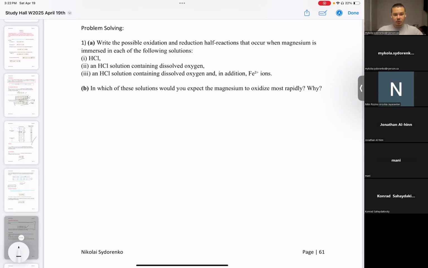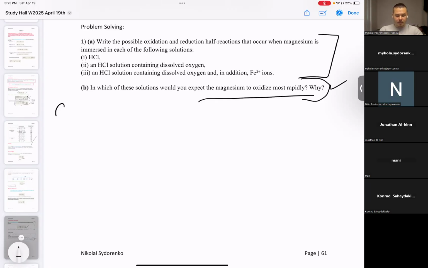So we have hydrogen chloride, we have HCl solution containing dissolved oxygen, and in addition also iron 2 plus. And then we need to identify in which of these solutions you would expect the magnesium to oxidize most rapidly. I'm going to leave this question up to you guys to figure out, and we're going to do this part. So part A and part E, I rather.